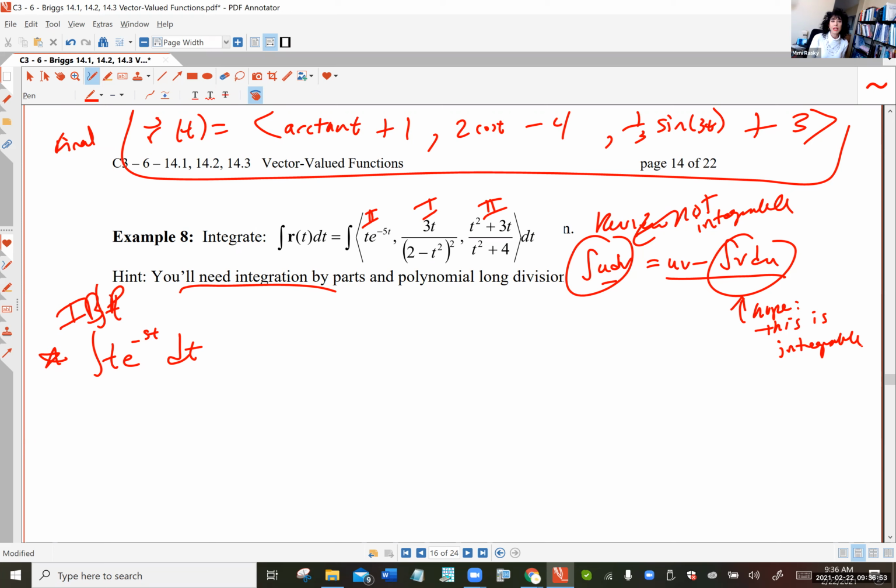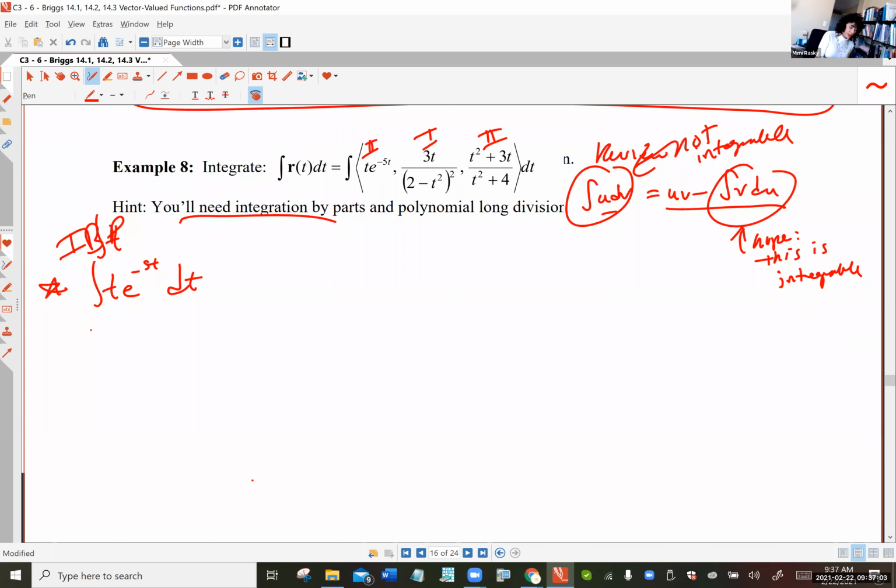So please refrain from the tabular method in this class. And that's not asking a lot. But I do want you to identify everything. You have to tell me the u. You have to tell me the dv. And then you have to get the du and you have to get the v after you identify the u and the dv for me. Otherwise, you will not receive full credit.